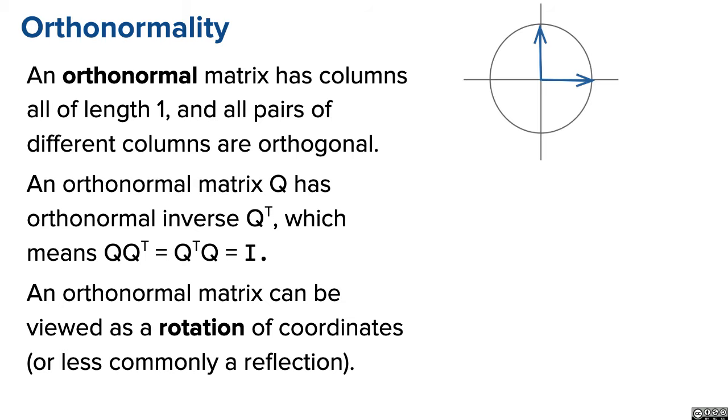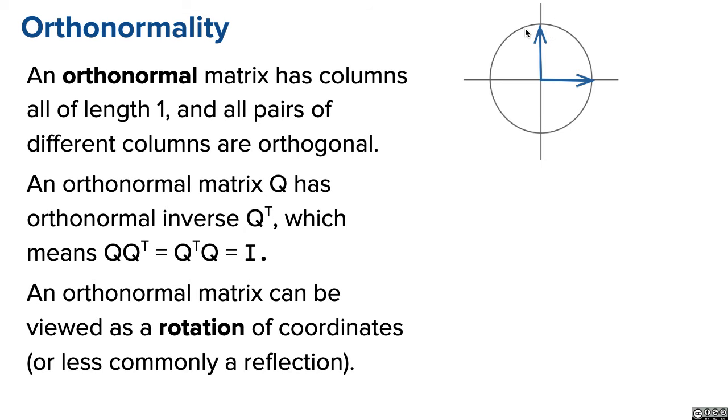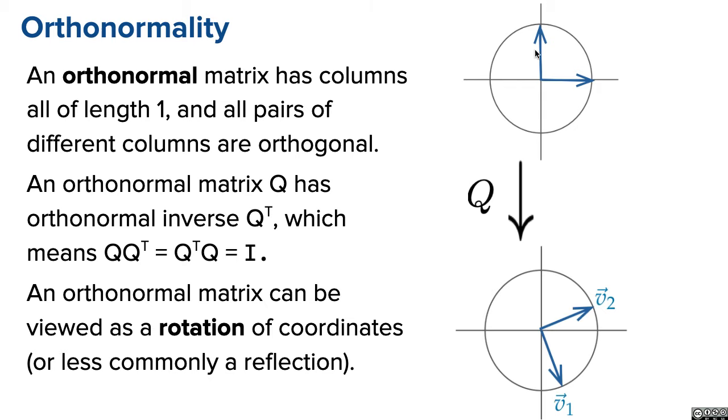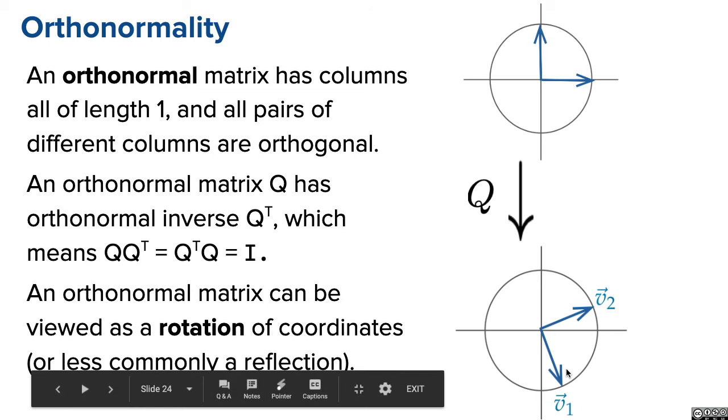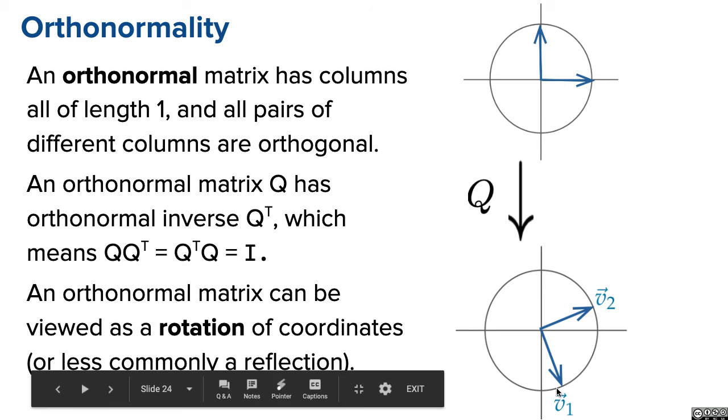For example, say I have these two vectors up top, maybe like 5, 0 and 0, 5. If I multiply by an orthonormal matrix Q, then the vector lengths will be the same, but they'll point in different directions. If Q moves this vector down to the bottom, then it will move the top vector by the same degree.